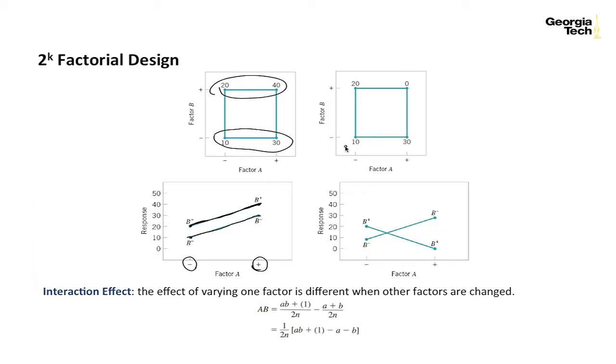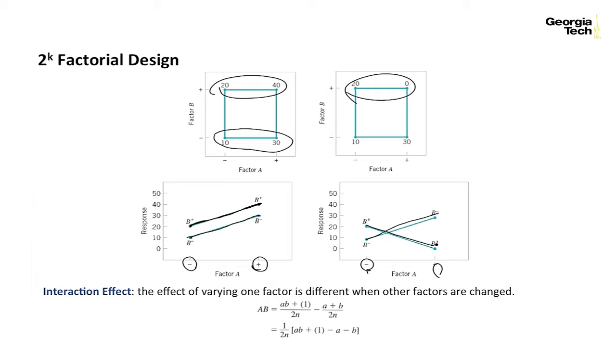Another example here: you can see when B is at low level and we change factor A from negative to positive, so that's the effect. And when B is at positive level or high level and we change factor A from negative to positive, then this is the effect of factor A. As you can see, the effect of factor A when B is at low level is positive because it increases the response.